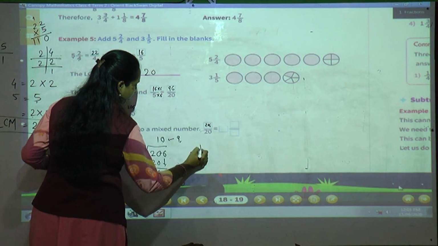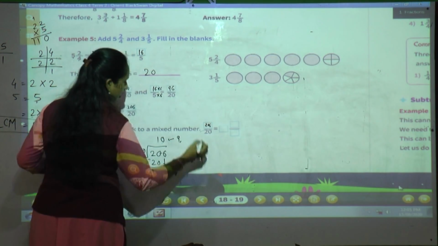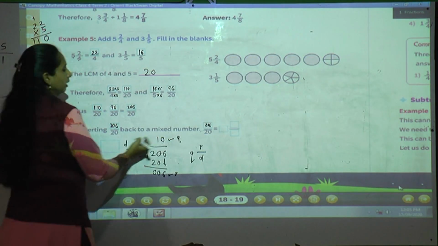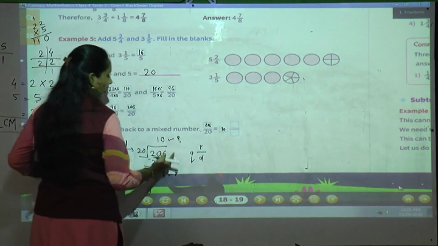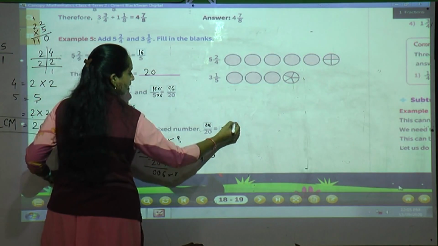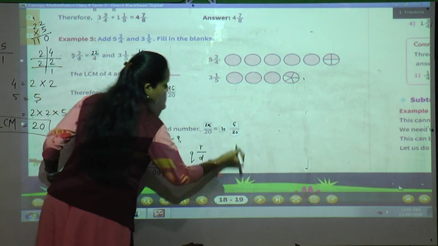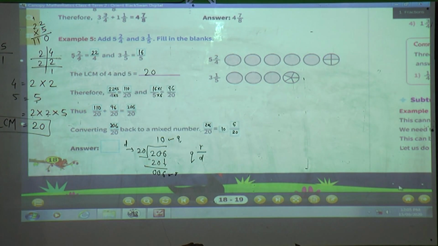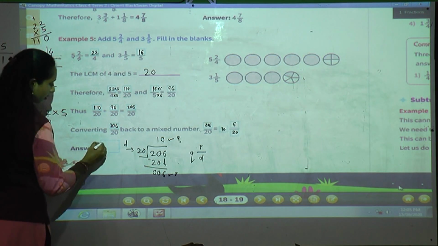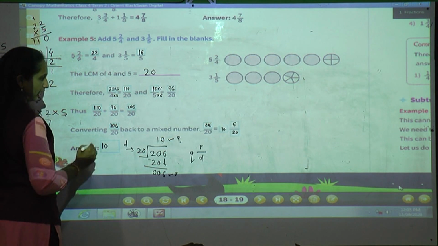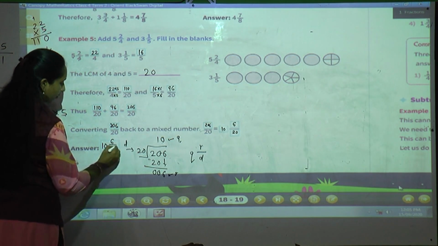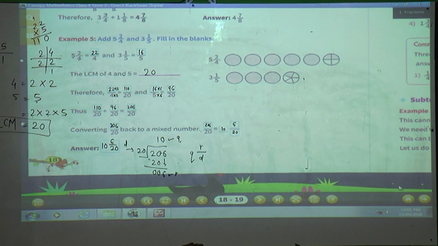So quotient, remainder divided by denominator. The quotient is 10, so write here 10. And the remainder is 6. Write it in the place of numerator, and the denominator 20 remains as it is. So what is the answer? Whole is 10, 6 upon 20. Clear? Is that clear, students?